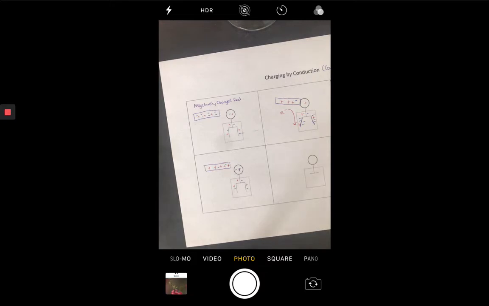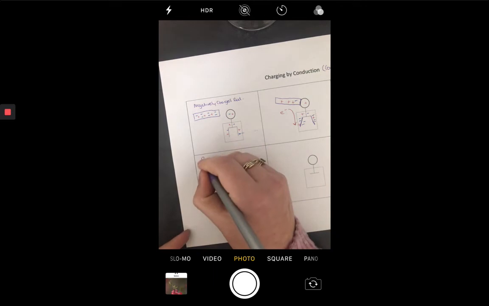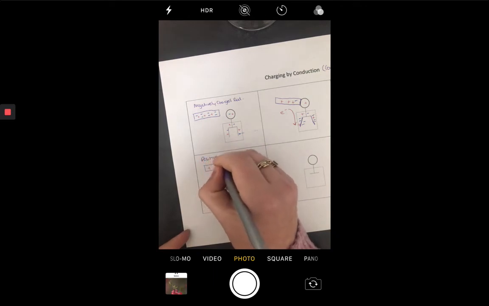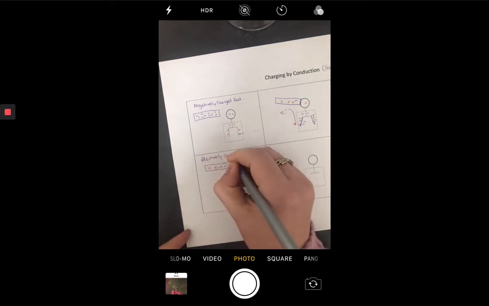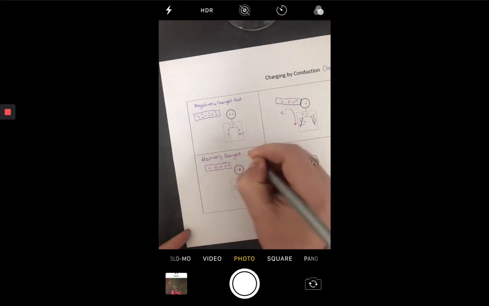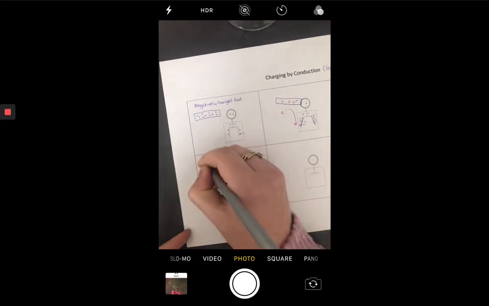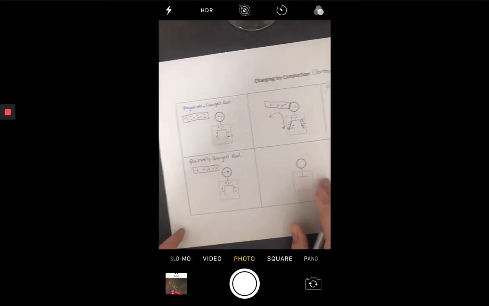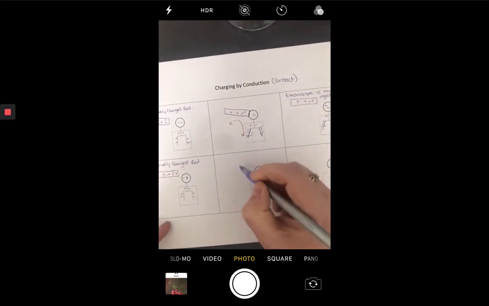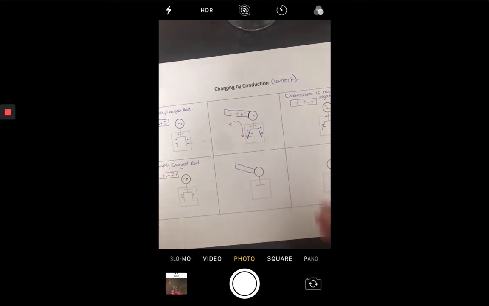Okay, so we bring our rod, I'll write up here that we have a positively charged rod. So now what we're going to do is we're going to bring our rod to touch our electroscope.